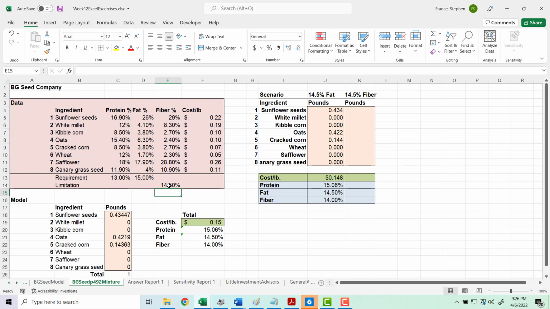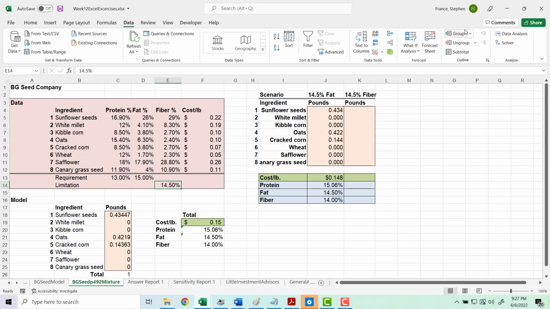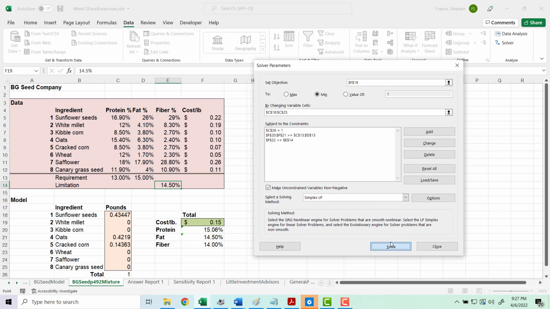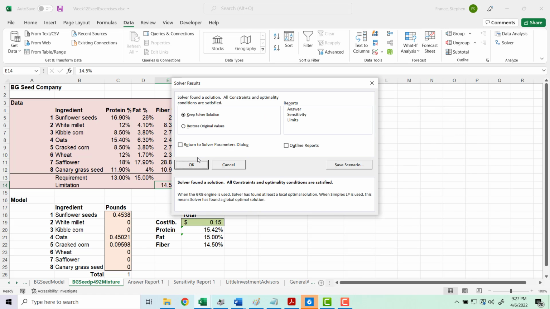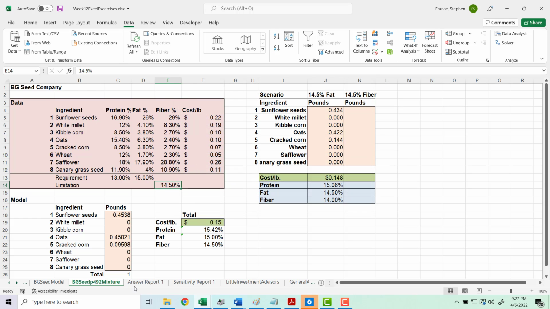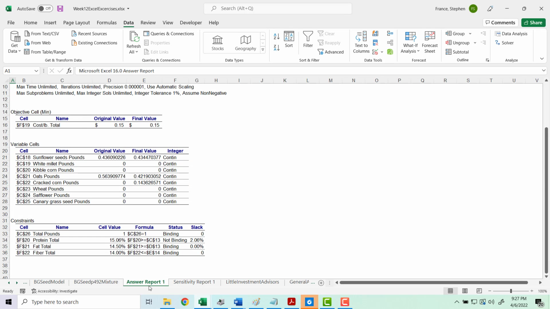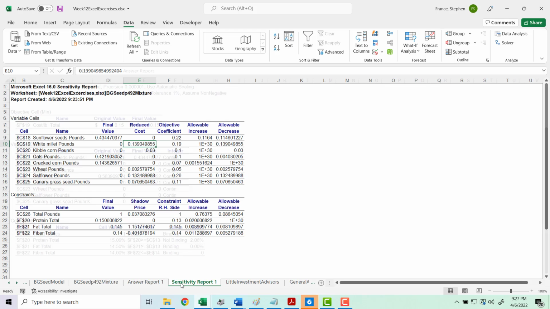So we're allowing a little bit more fiber. So let's go again. Solve the same model. And again, I showed you the answer report. You can see the fat and the fiber are still binding. We can see here the shadow price.